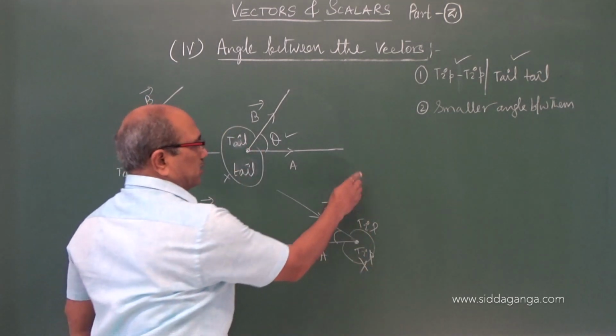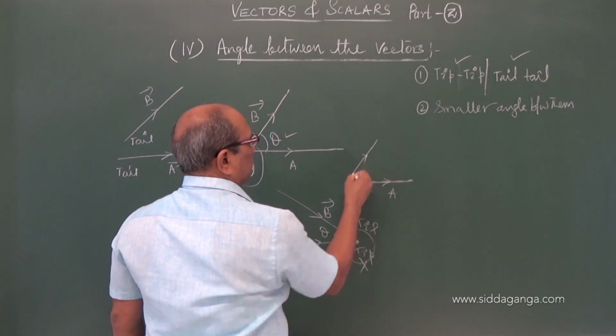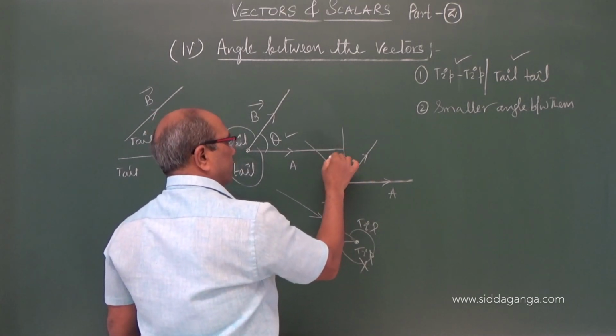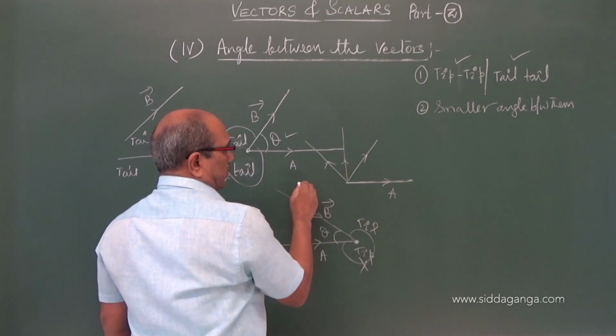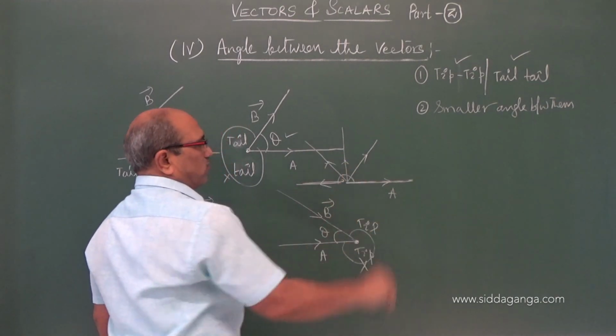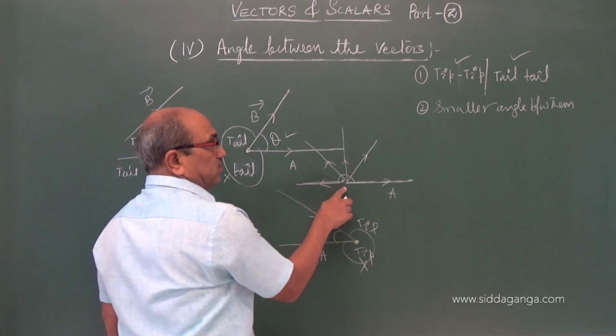So when the two vectors, this vector A now is here, take another vector, and it may come to this position, the angle becomes 180. So that is the maximum angle.